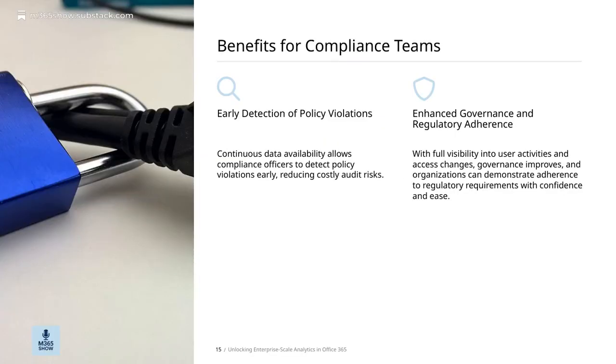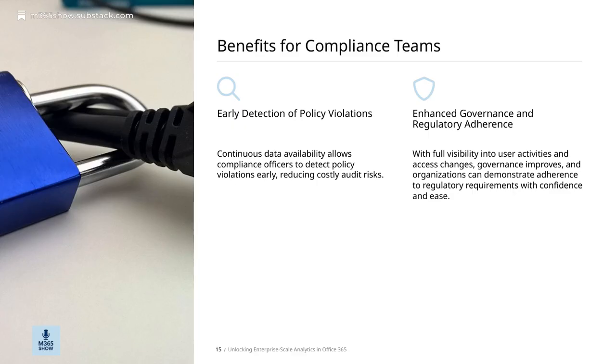Now, let's talk about the benefits this brings to compliance teams. When we have full visibility into user activities and access changes, it really boosts governance across the organization. This means organizations can confidently demonstrate that they are meeting regulatory requirements without the usual stress or guesswork. Having continuous access to data is a game changer because it allows compliance officers to spot policy violations early on.